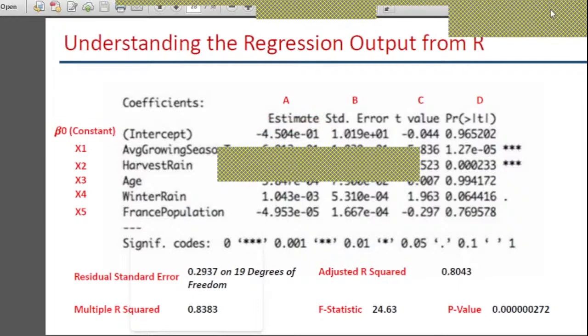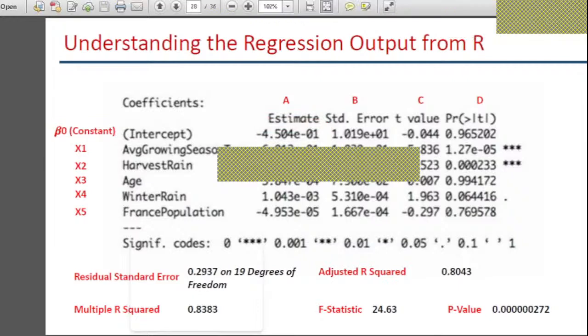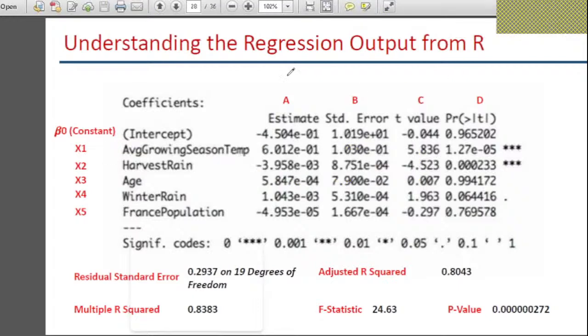Okay, next. My regression line is going to be, let me write the regression line from this, so you will get an idea. My regression line will be price equal to, let me write x1. X1 is my AGST.